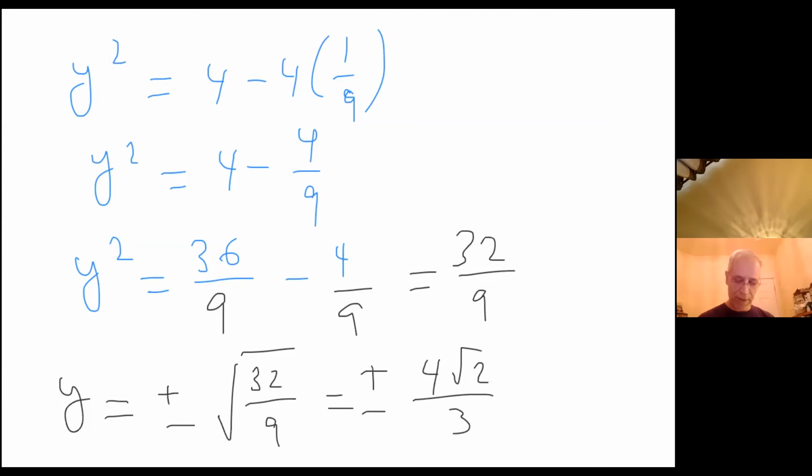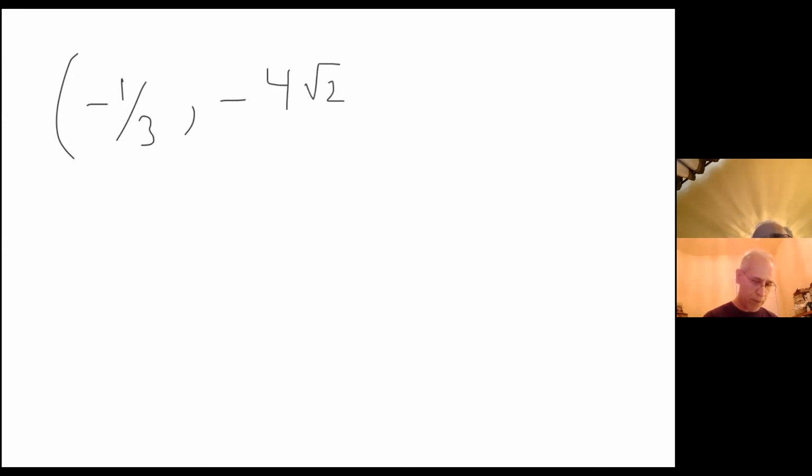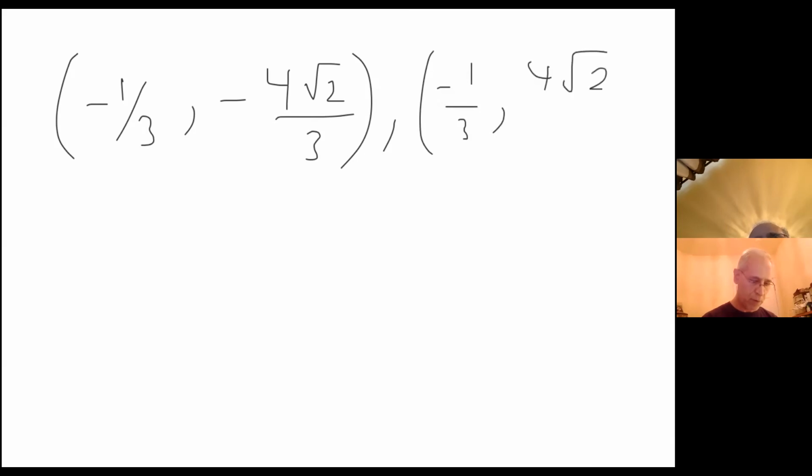So what's my final answer? What are those two points? One is (negative 1/3, negative 4 root 2 over 3), and the other is (negative 1/3, positive 4 root 2 over 3).